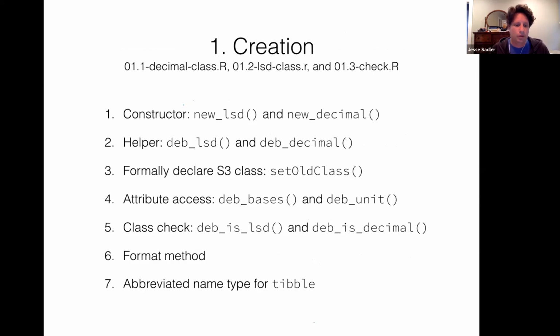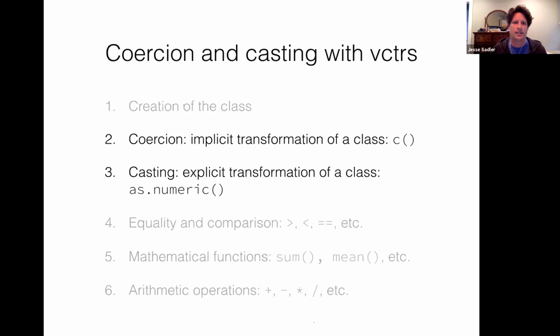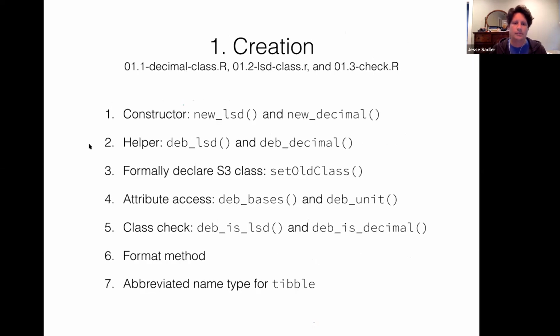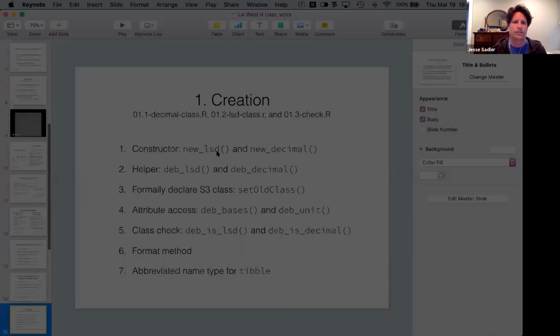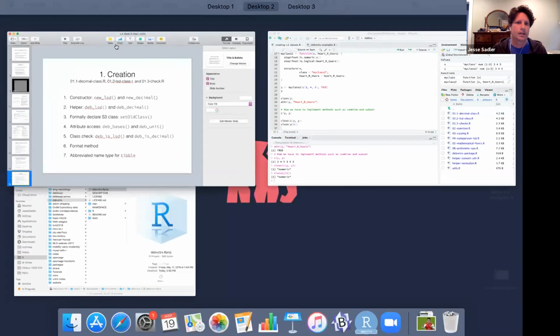Okay, so here we have the basic structure within the first point, the creation, that there are 7 different steps. Again, I'm not going to go through all these, but I want to show you what the package looks like and how it goes through this, so that if you're interested, you could go through it on your own, and I'll go over some of how it works.